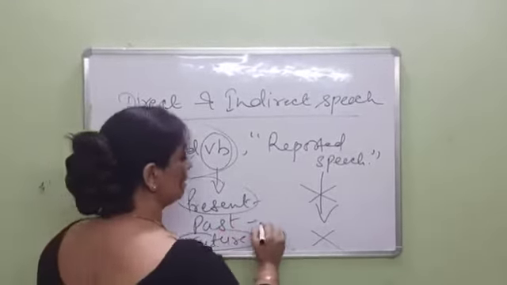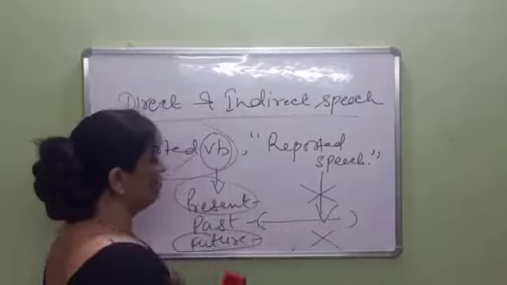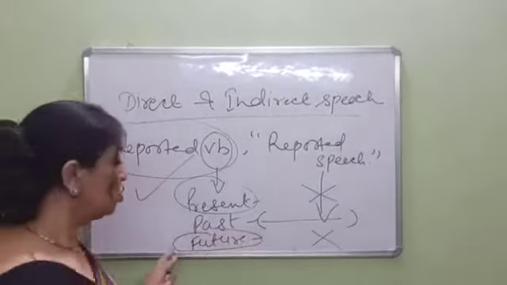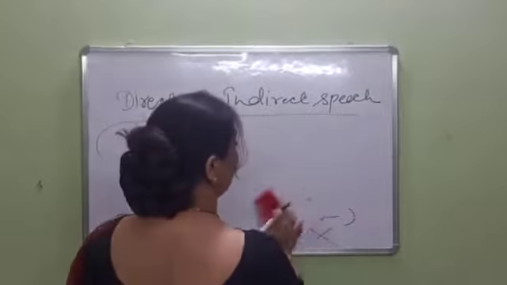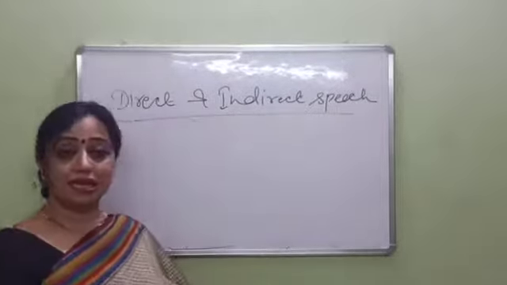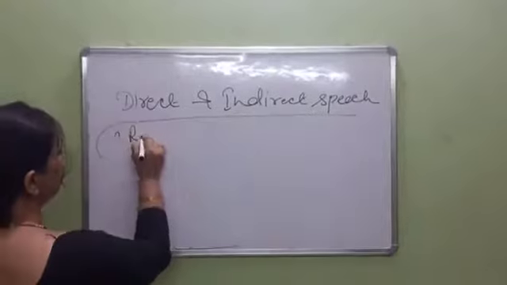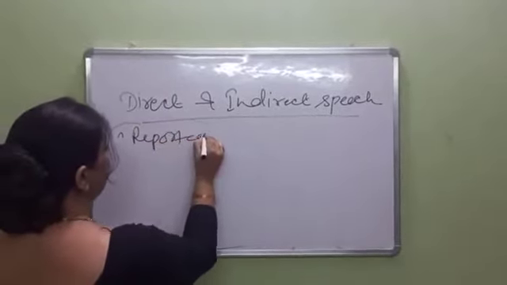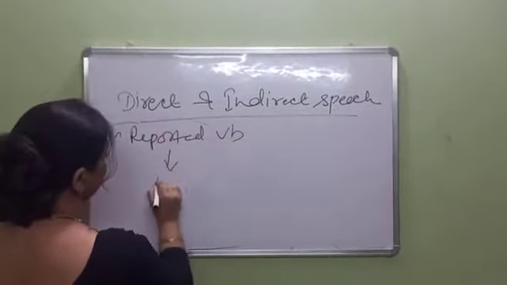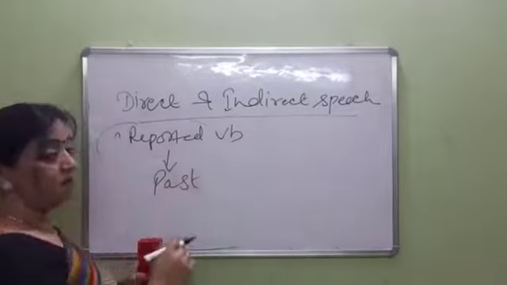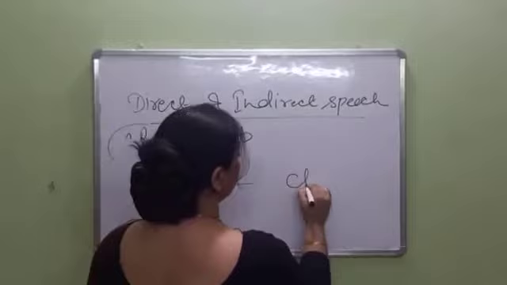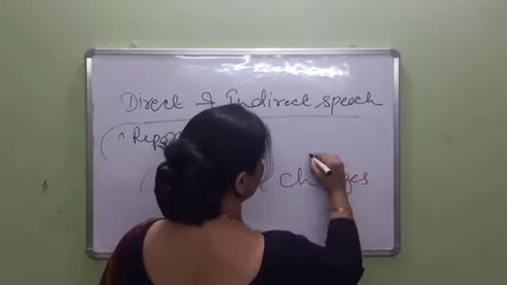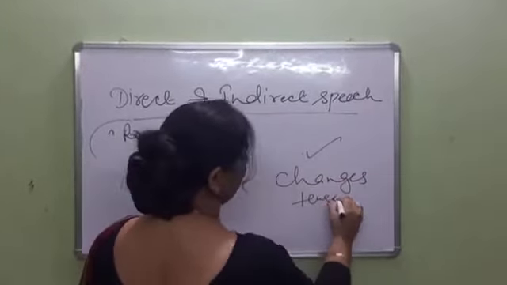The changes will be there only when the verb is in past tense. So most important thing to remember: when the reported verb is in past tense, then only the changes will be there in the tense form.